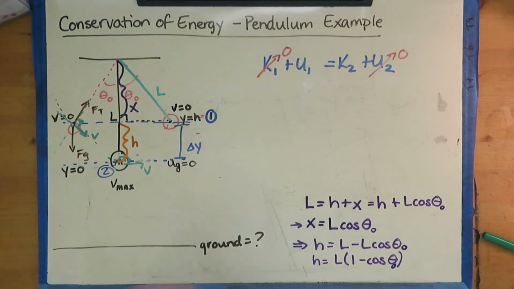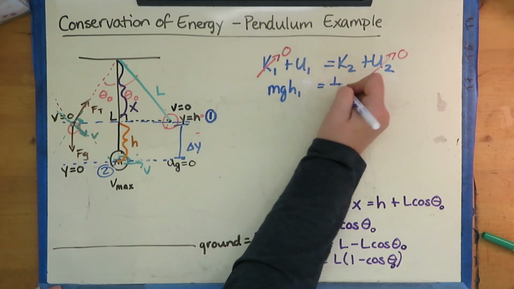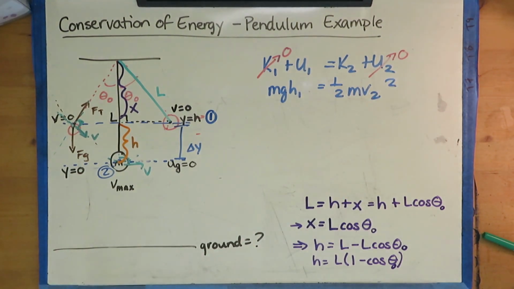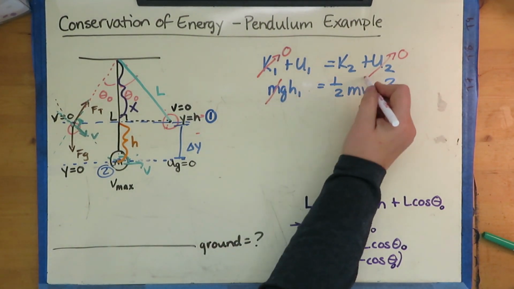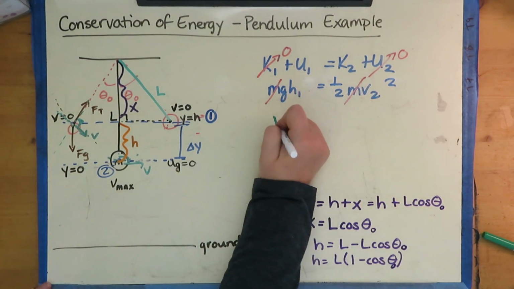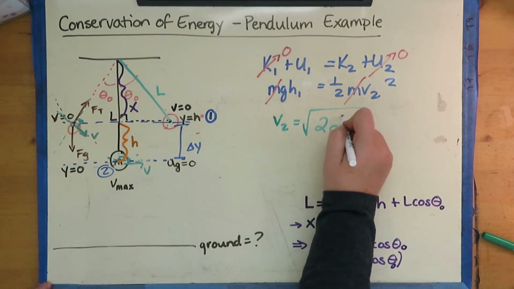So that tells me that mgh1 is equal to 1/2 mv2 squared. So mass cancels out. So actually the mass of my pendulum doesn't matter in this case. So if I had different masses of pendulums, it wouldn't matter. And then if I were to solve for v2, v2 is going to equal the square root of 2gh1.